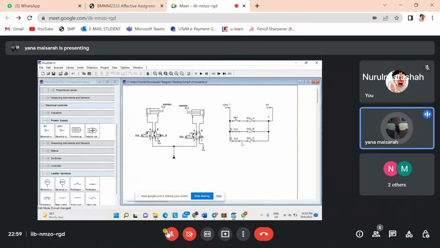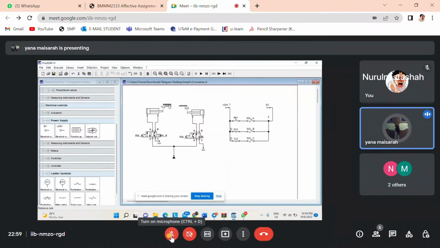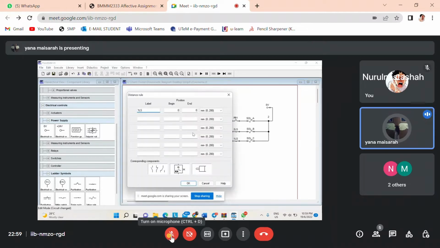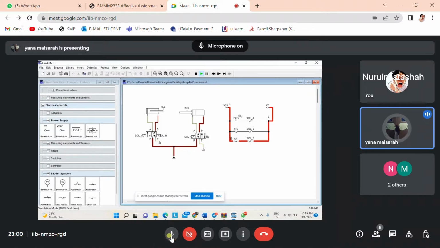So basically this is the circuit. The problem we encounter is what value to put in this position. We start with 0 for this part, and also 0 for this part. Then we run the simulation. As we can see, before we press the push button, cylinder 2 extends.